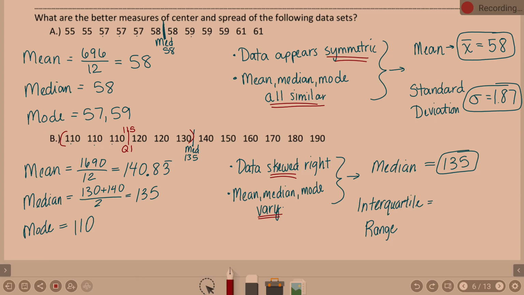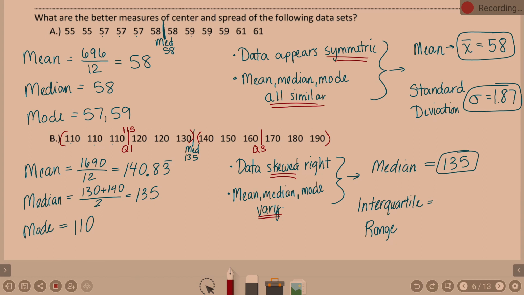What about in the top half? Top half, again, we just don't use a median, use all numbers above it. We've got 6 numbers. In between 160 and 170 would be 165.